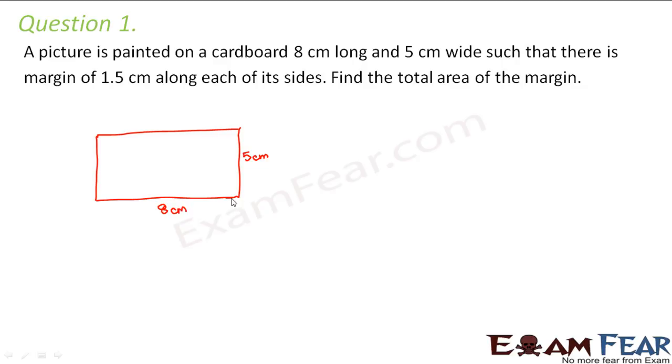Now, a picture is painted on this cardboard such that there is a margin of 1.5 centimeters along each of its sides. So, you leave 1.5 centimeters here, here, here and here. So, along all the four sides, you leave 1.5 centimeters, and then a picture has been drawn on this cardboard.